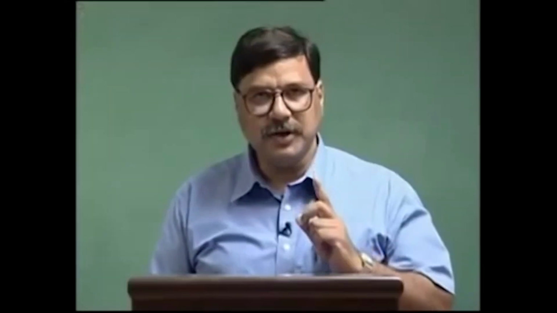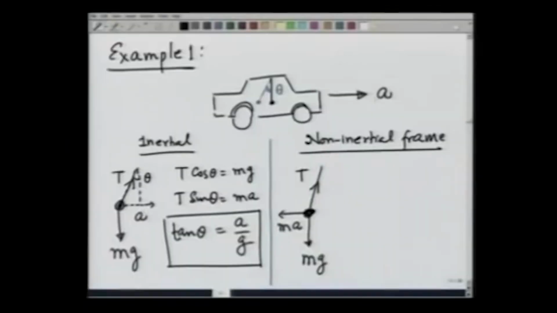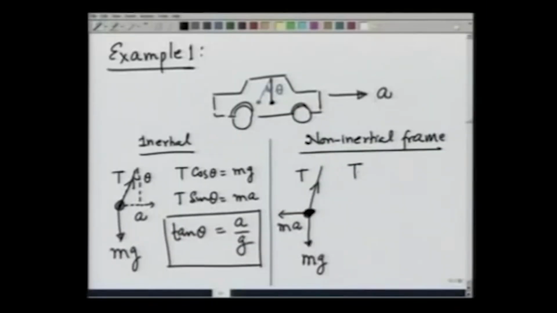Notice that when I am sitting in the car, the bob or the pendulum is in equilibrium position, because with respect to the car frame it is not moving at all. The three forces are to be balanced for equilibrium, and that gives you T cosine of theta equals mg and T sine of theta equals ma.